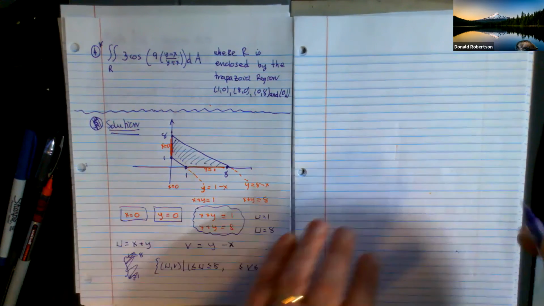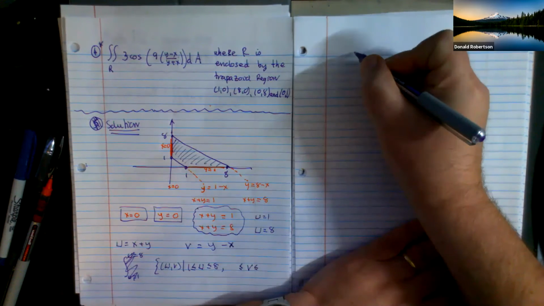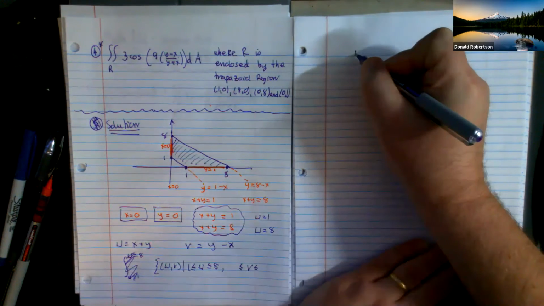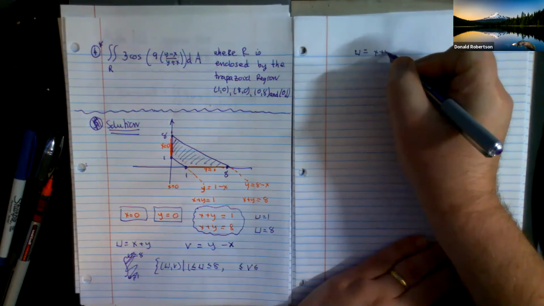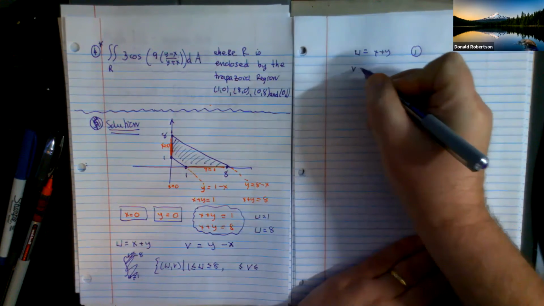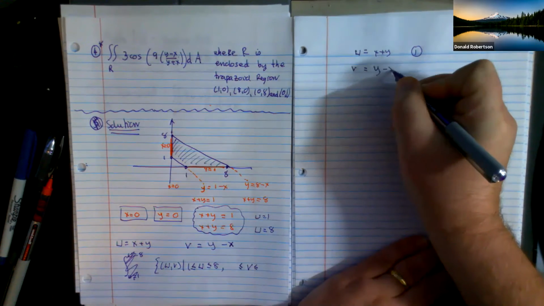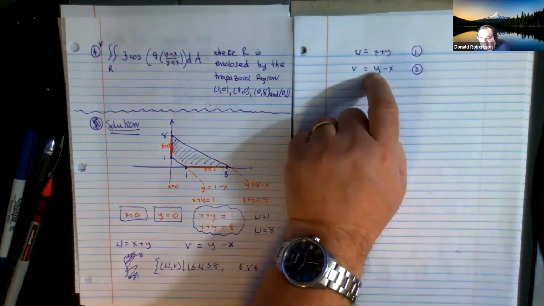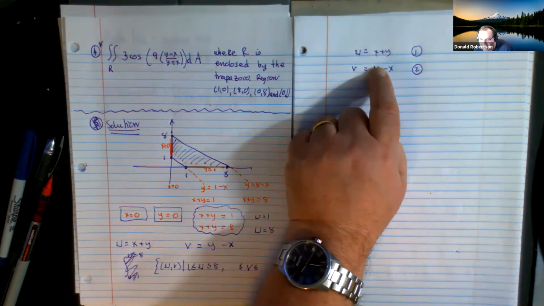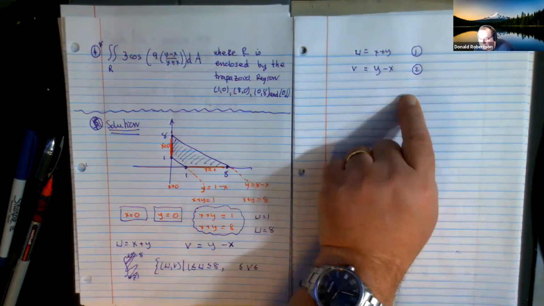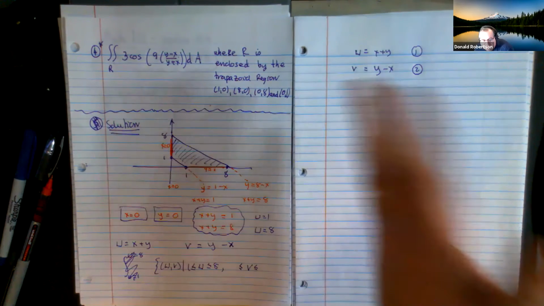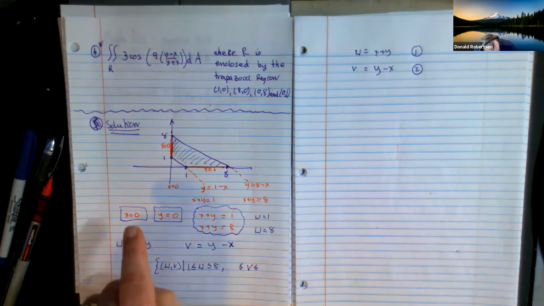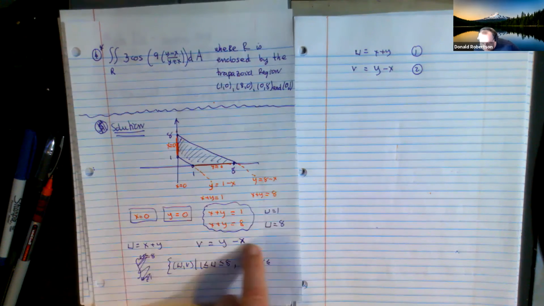So if I write down my two guys again, U equals x add y, I'll call that equation 1, and V equals y minus x, which I'm going to call equation 2, I am going to have to turn these two guys into x as a function of U and V, and y as a function of U and V. I didn't need to do it in any of the other linears, and if all I was looking for was the Jacobian, I wouldn't need to do it in this one either.